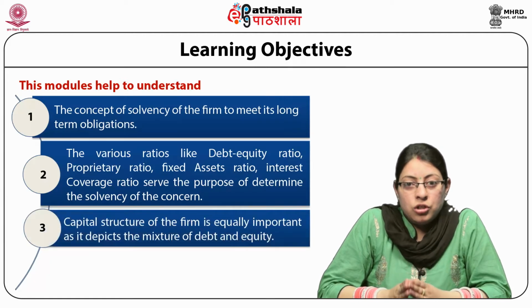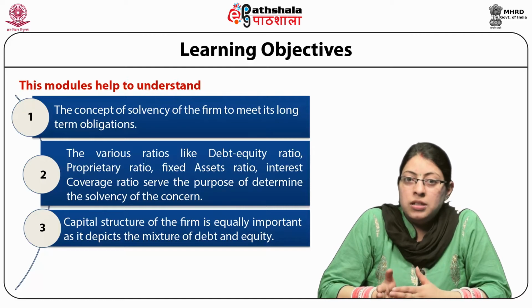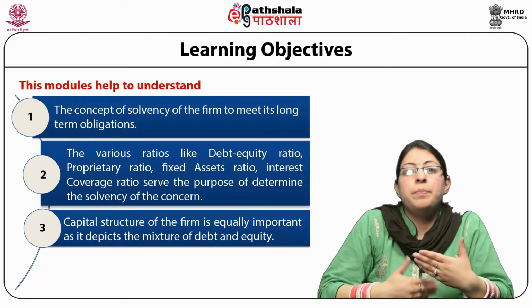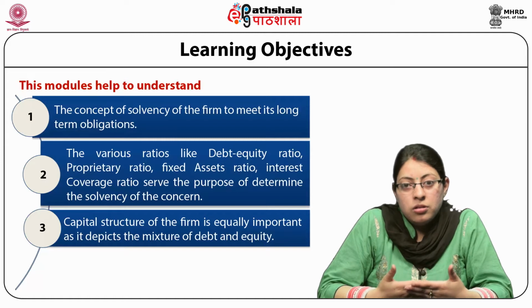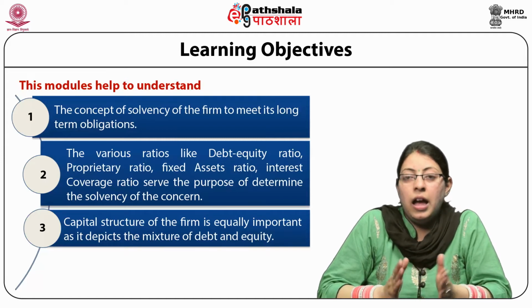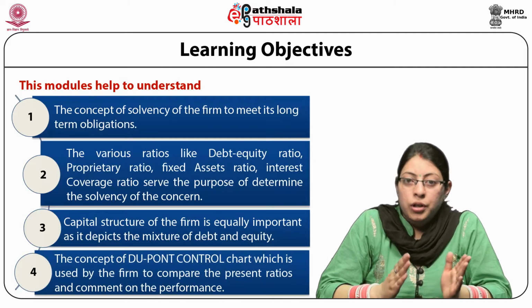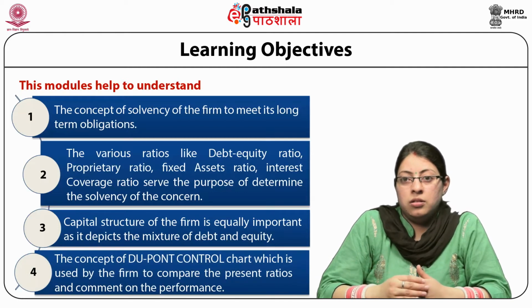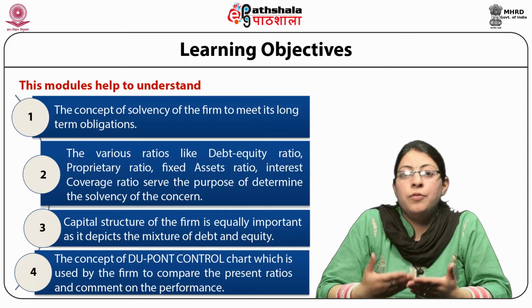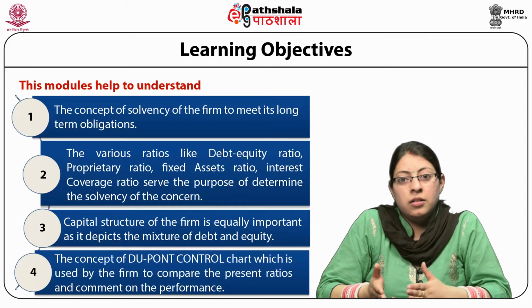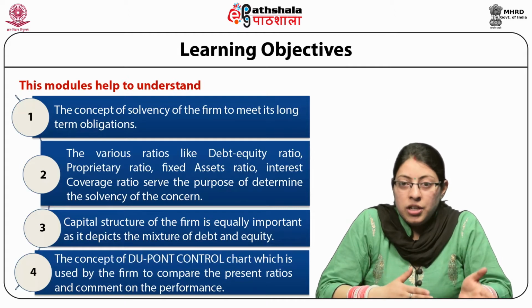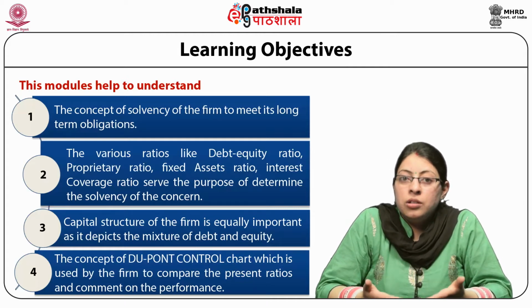Capital structure of a firm is equally important as it depicts the mixture of debt and equity. The concept of DuPont control chart, which is used by the firm to compare the present ratios and comment on the performance.